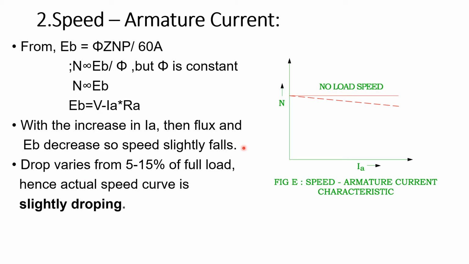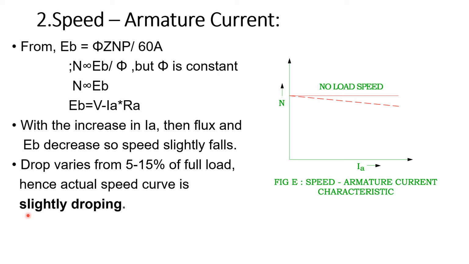Normally the drop will vary from 5 to 15% of full load. This straight line shows the curve for speed and armature current, and this dotted portion represents the relation between the speed and armature current at full load. So from no load to full load, the graph will be slightly dropping.